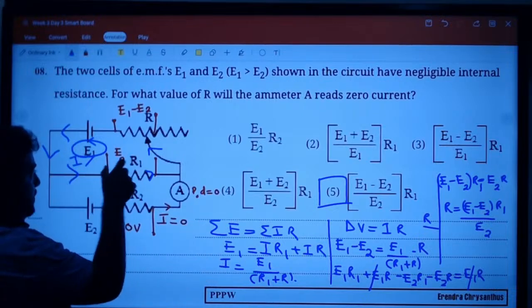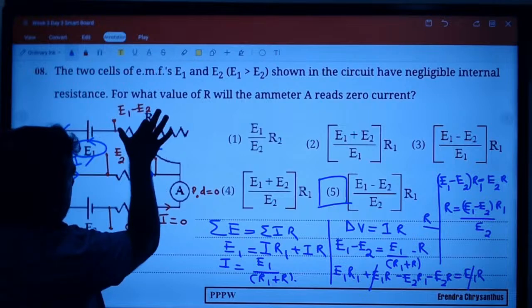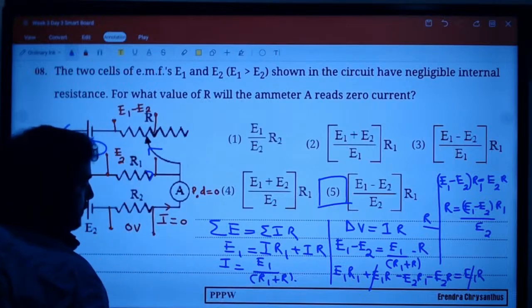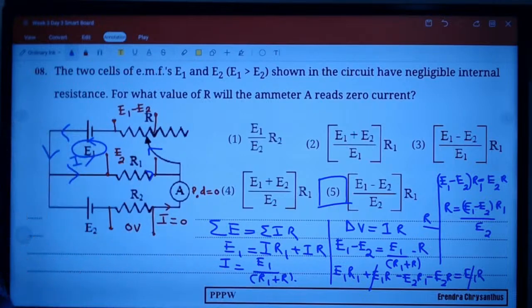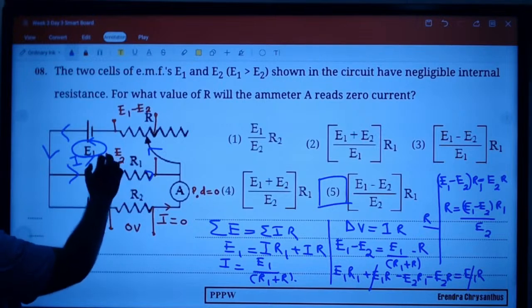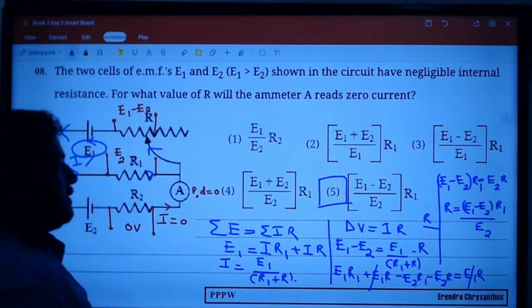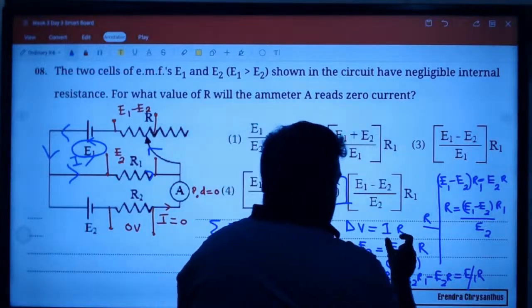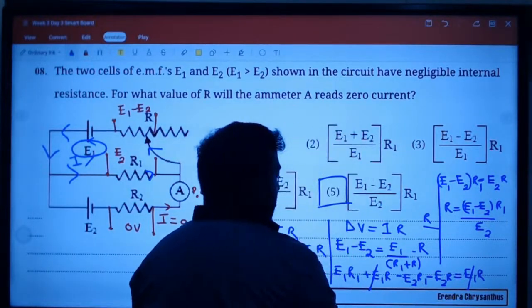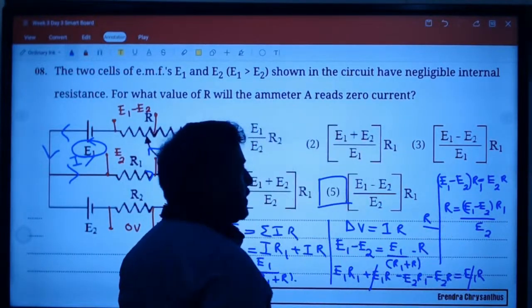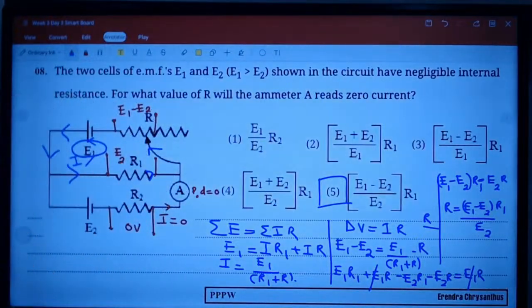Here I times R1, I times R. Current is I. So here voltage E1, here voltage E2, remaining voltage is E1 minus E2. Current into resistance, cross multiply. Simplify, you can find the resistance: E1 minus E2 times R1 divided by E2. Correct answer is answer number 5.